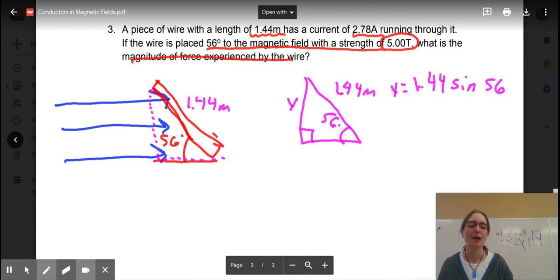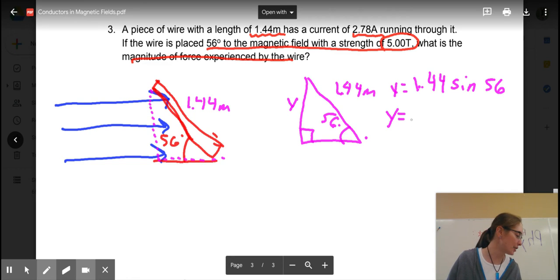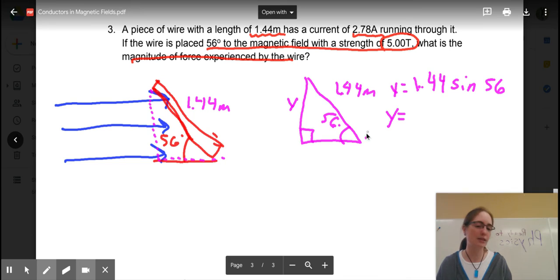Okay, so once you put this into your calculator, our Y value is going to be 1.193... meters.